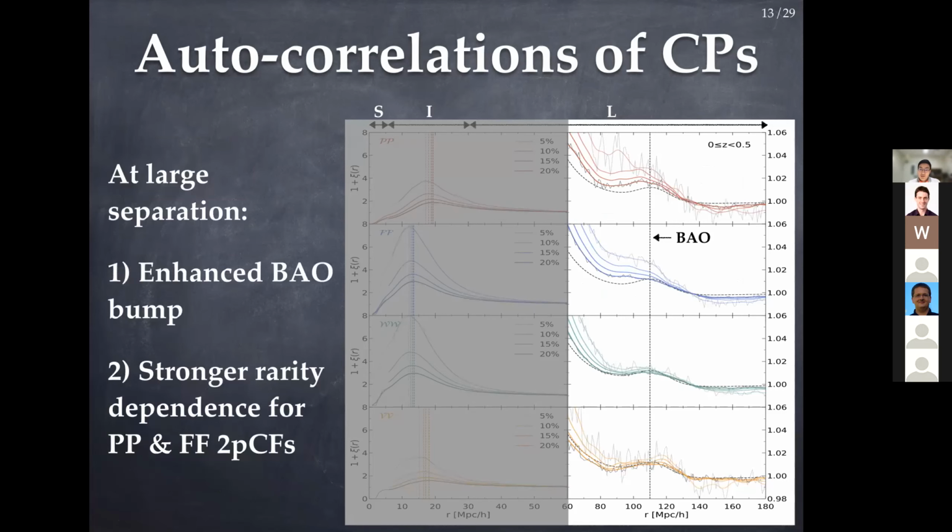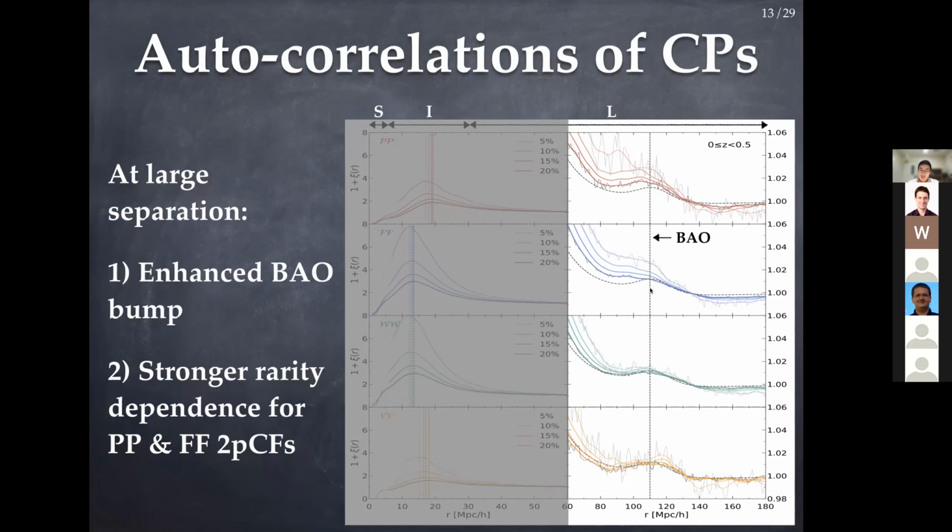So if you move on to large separations where BAO features exist, there's a vertical line indicating the position of the BAO bump inferred from the linear dark matter correlation function. And here the dashed line represents the linear dark matter correlation function multiplied by a factor of 8 in order to match the overall amplitude of the measured correlation functions.